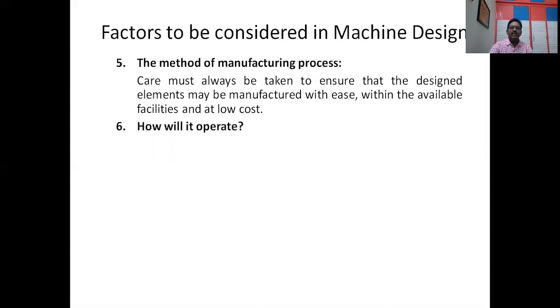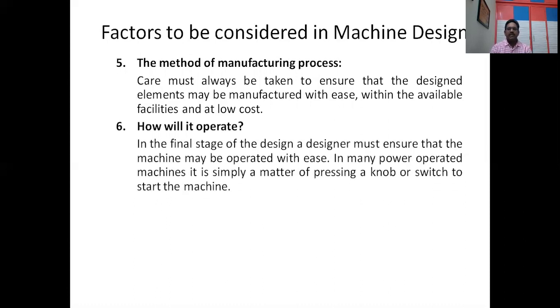Now, how will it operate? So basically, it is the final stage of the design. A designer must ensure that the machine may be operated with ease. For example, in many power operated machines, a simple matter of pressing a knob or switch is used to start the machine.